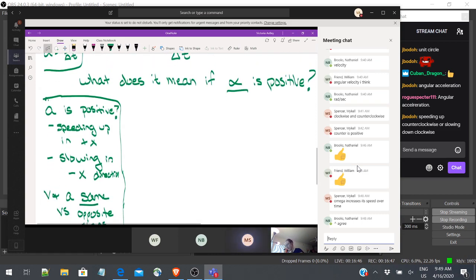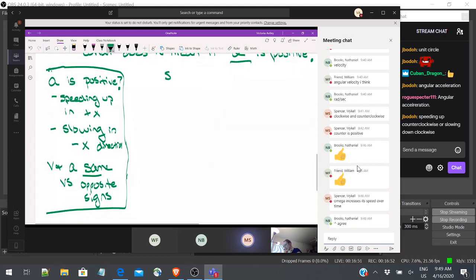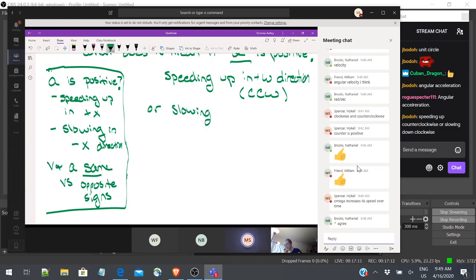So alpha is positive could mean speeding up in the positive omega direction, which is counterclockwise, or could be slowing down in the negative omega direction, which is clockwise.